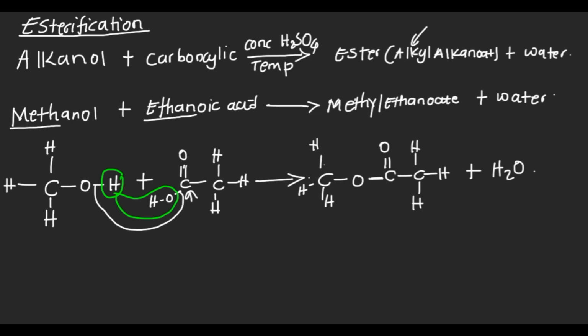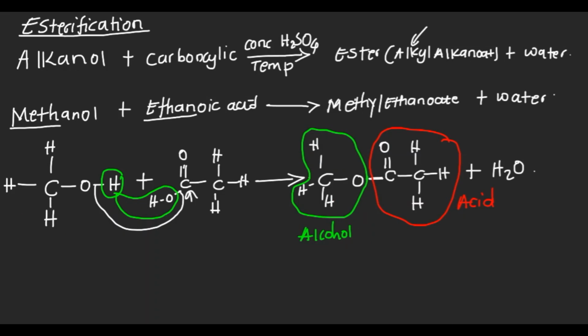So this is the structure of methyl ethanoate. Now, the other thing that you need to look at in the structure is this part here. This part shows the alcohol part. Then the remaining part with the carbonyl group here is the acid part.